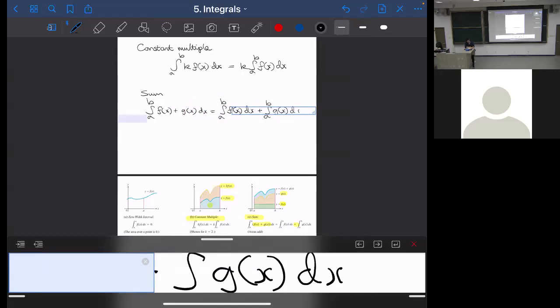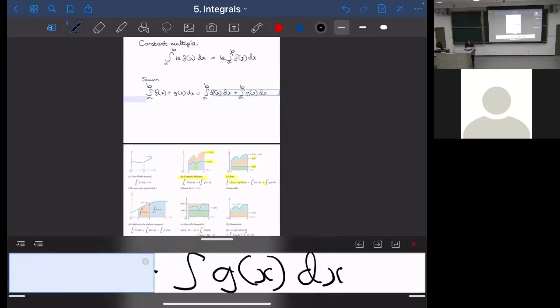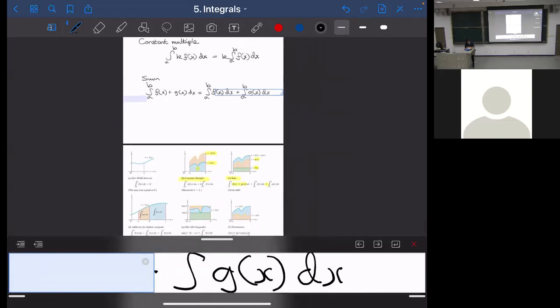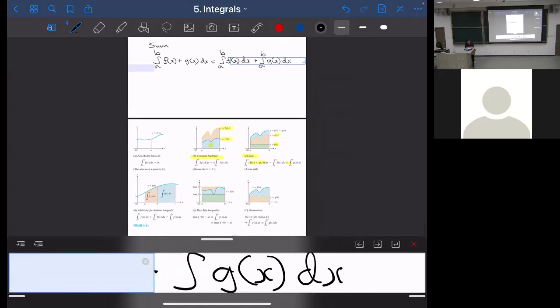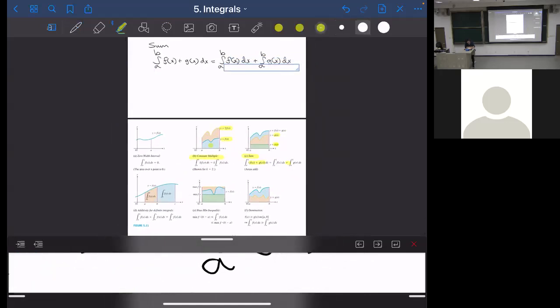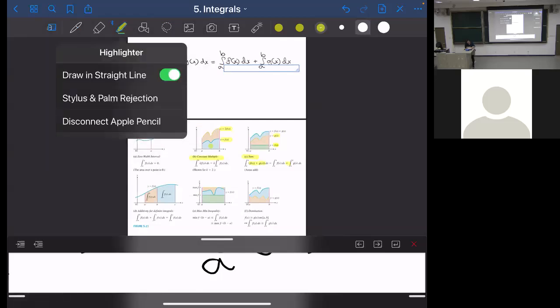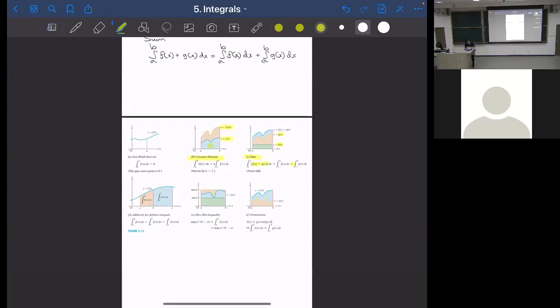Okay. And one more. So this one here, additivity, this is saying that areas add in a different way.